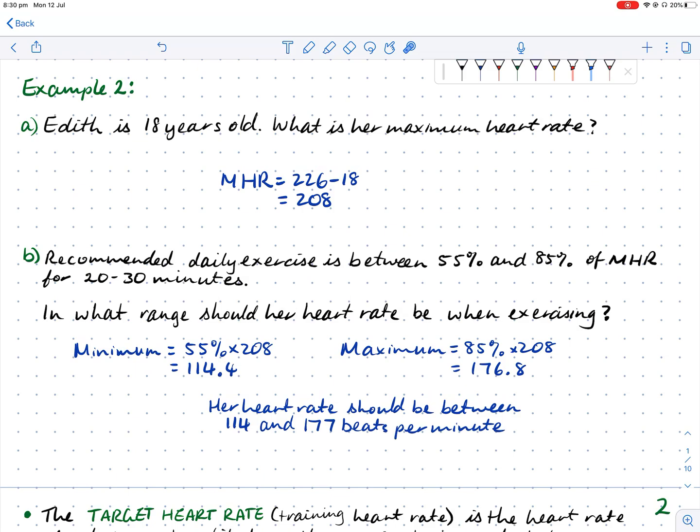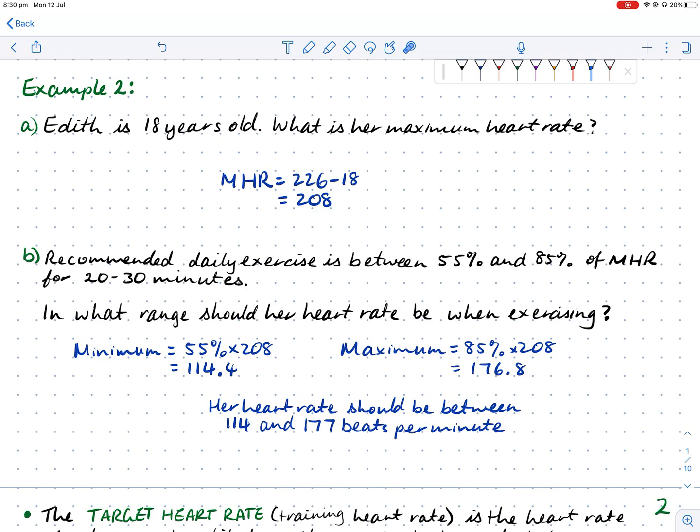So in part A, we've already worked out her maximum heart rate. So the minimum range for her heart rate for exercising should be 55% of that, which comes out to be 114.4, and the maximum is going to be 85% of that, which is 176.8.